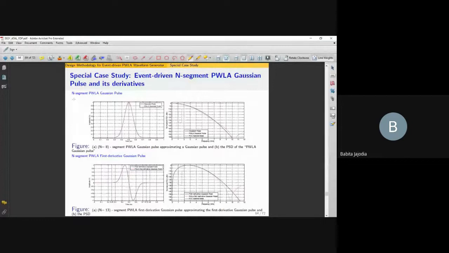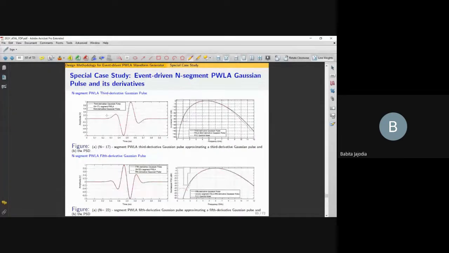We did the analysis for the Gaussian pulse first derivative, and you will be quite happy to hear that we were able to design it for any higher-order Gaussian pulse. Besides the first derivative, we tried the third derivative. The most important thing is, whenever you do approximation, never compromise on the power spectral density.